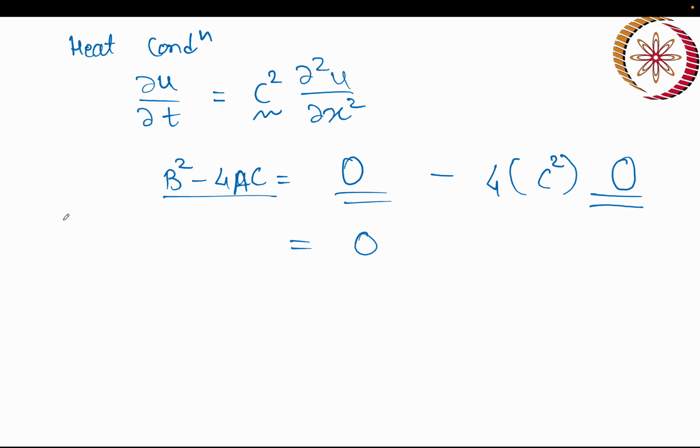And you can see that this is the heat conduction equation, and let's say you have x equal to 0 and x equal to L, and let's say the temperature at one end is T1 and at the other end is T2, and let's say T1 is greater than T2.